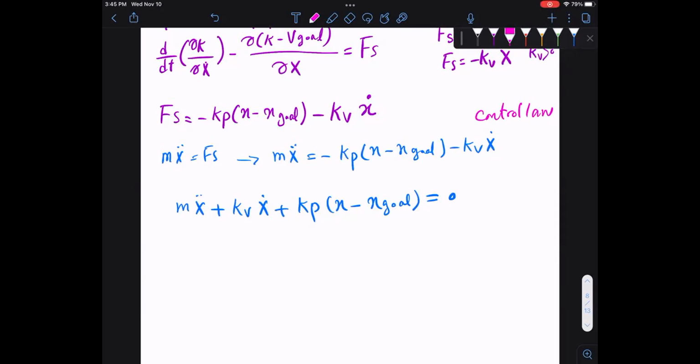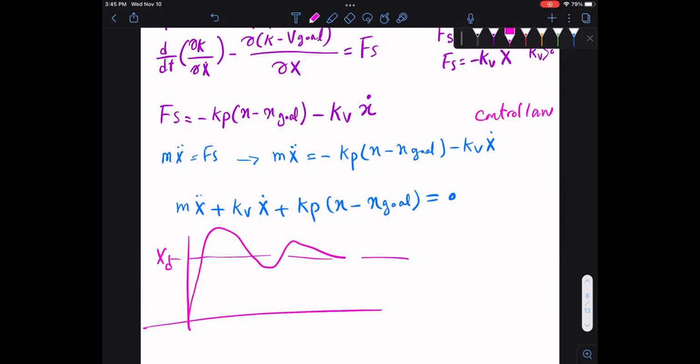If we wanted to get x desired, right? That's the goal. So I'm going to look at the response. If I got this, I'm not tuned. I have to change Kp and Kv. But if I got maybe something like that, or even better, if I got this, which is underdamped but still good, my system is controlled, right?